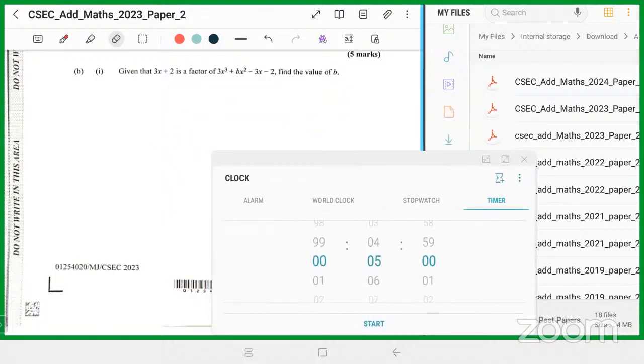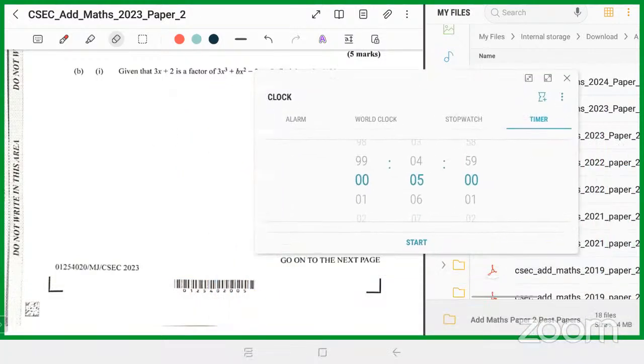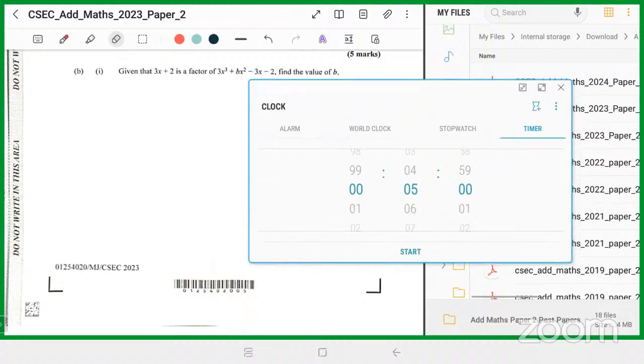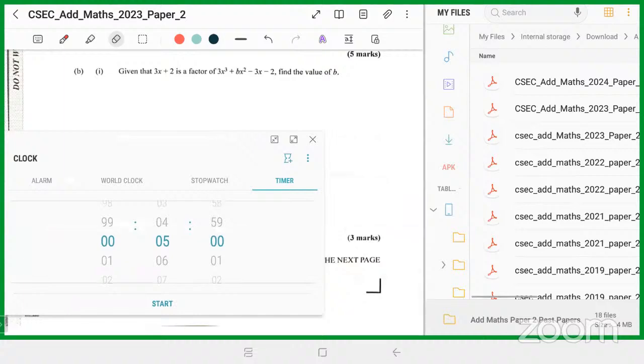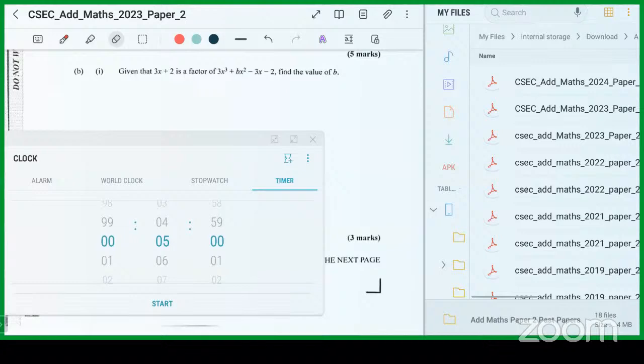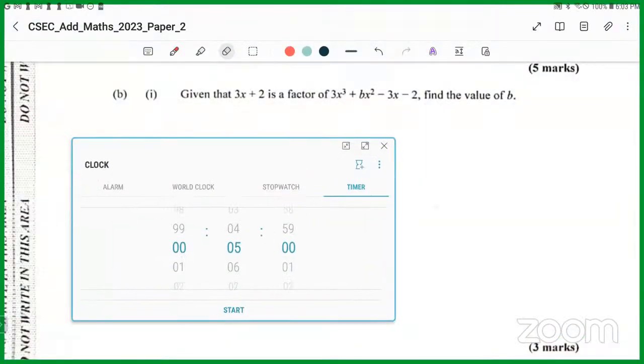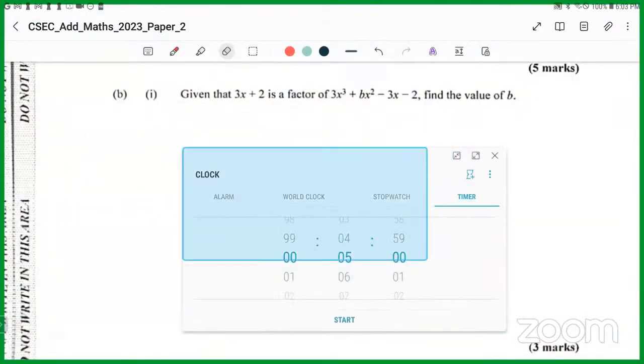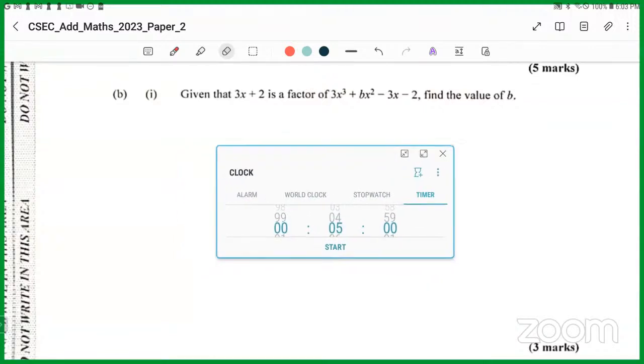Hold on, I'm going to try to maximize this. Start the clock on it. 5 minutes.